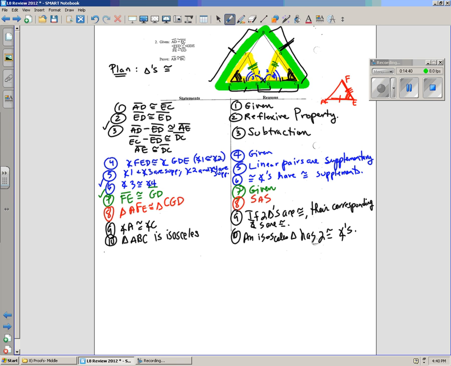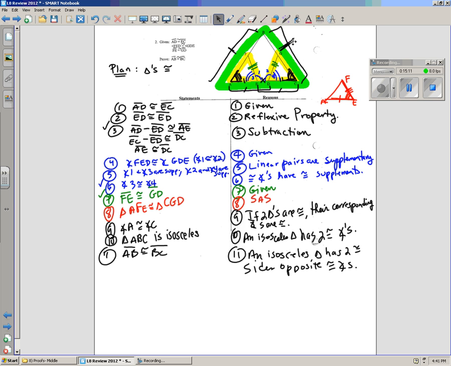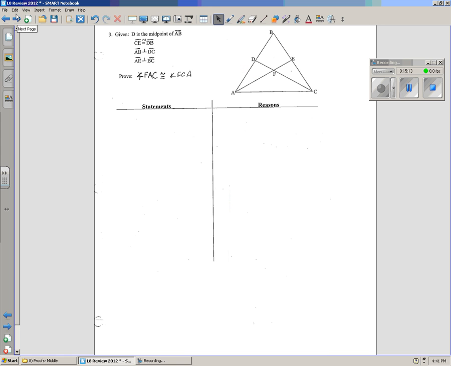So now we can say in step 11, AB congruent to BC because an isosceles triangle has two congruent sides opposite the congruent angles. And now we would be done with our proof. So that one incorporates a lot of different things that we talked about. All right, a couple more here.